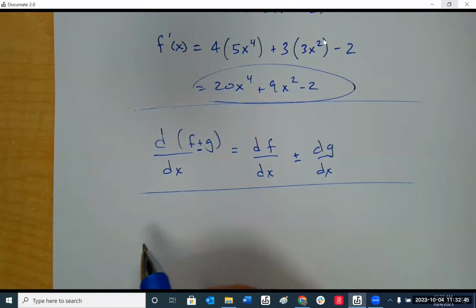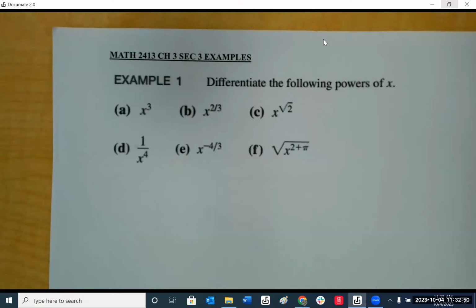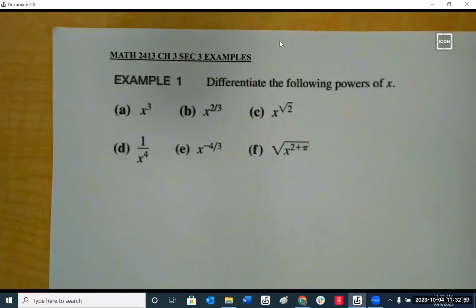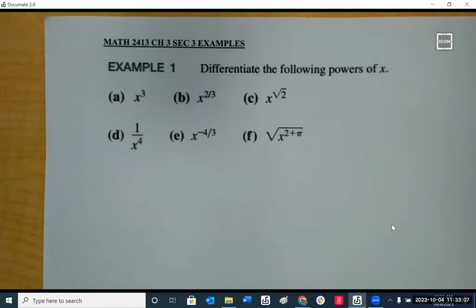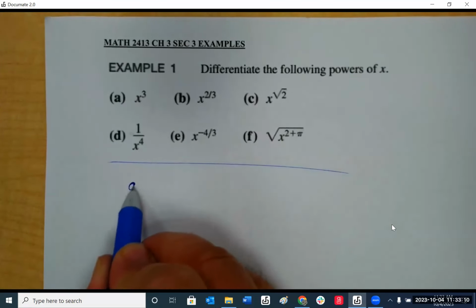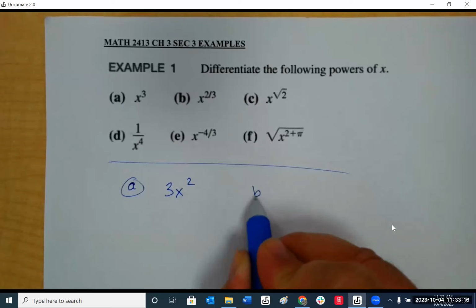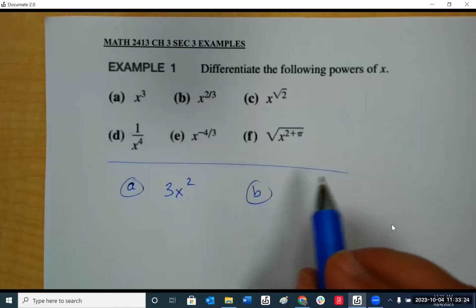Here I have an example sheet. Let's do these 4. Find the derivative of these. B is negative 1/3.